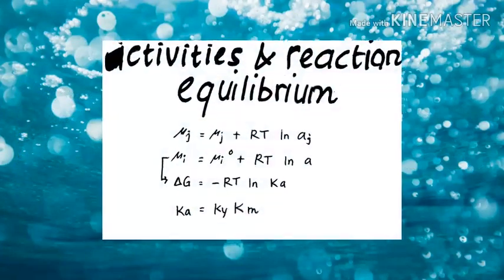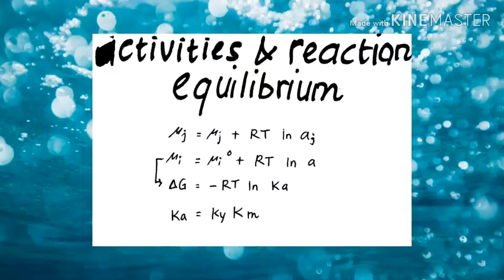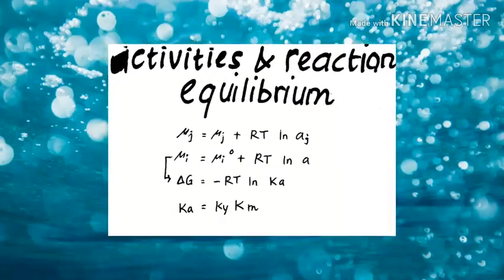Activities and reaction equilibrium. If a chemical reaction takes place in a non-ideal solution, the chemical potential in the form given must be used in the equation of reaction equilibrium. The practical system is more commonly used.